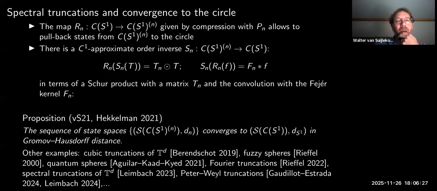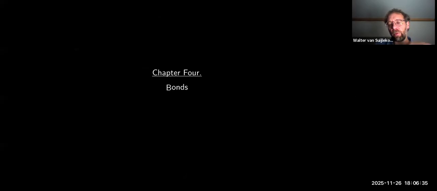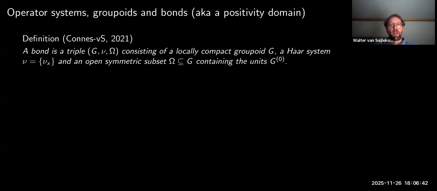All right, let's move on. So we have a small interlude on these integral kernels, which we dub bonds. In general, they arise as follows. We take a locally compact groupoid with a Haar system.